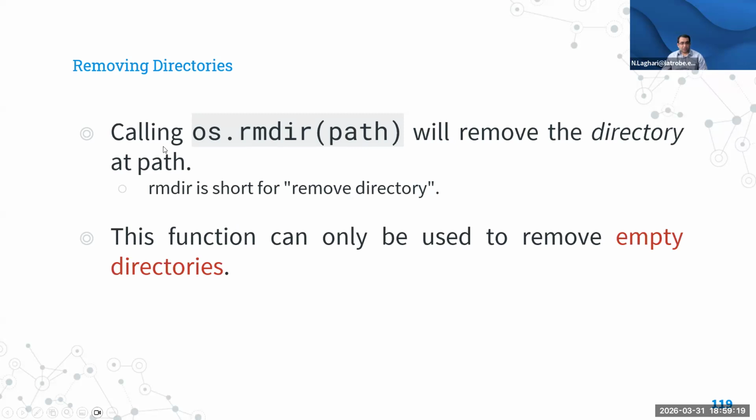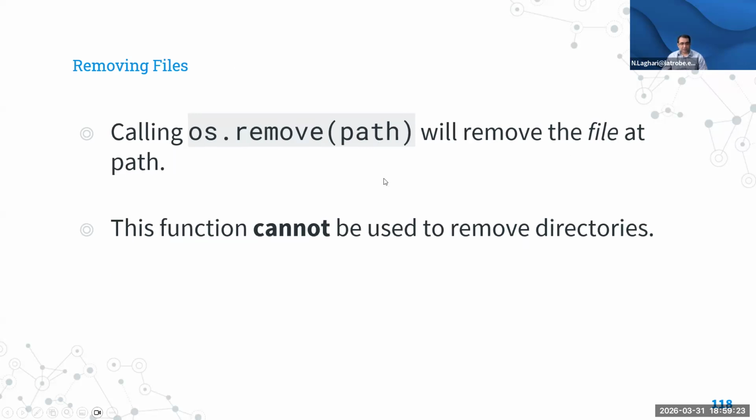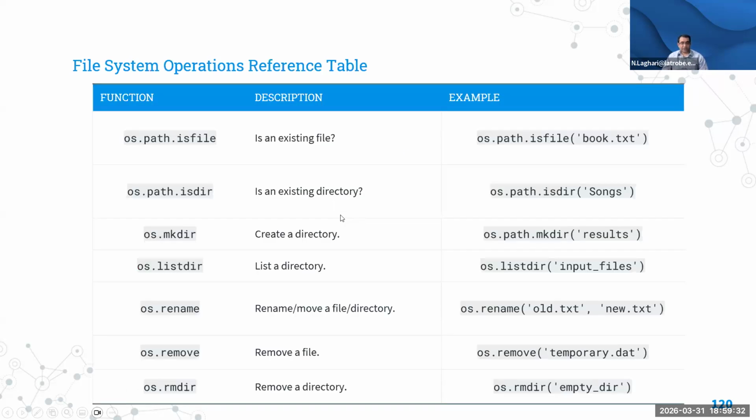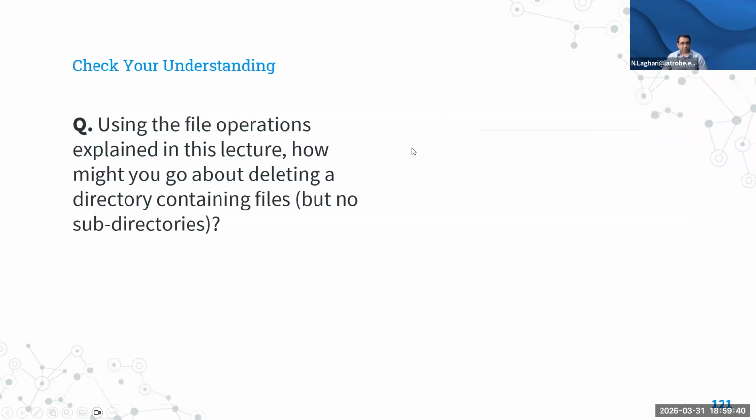Okay. rmdir will remove the directory at the path. rm is for remove, and rmdir for remove directory. So this is another function. This is a table. You can see their description and examples of how they are used. File systems.